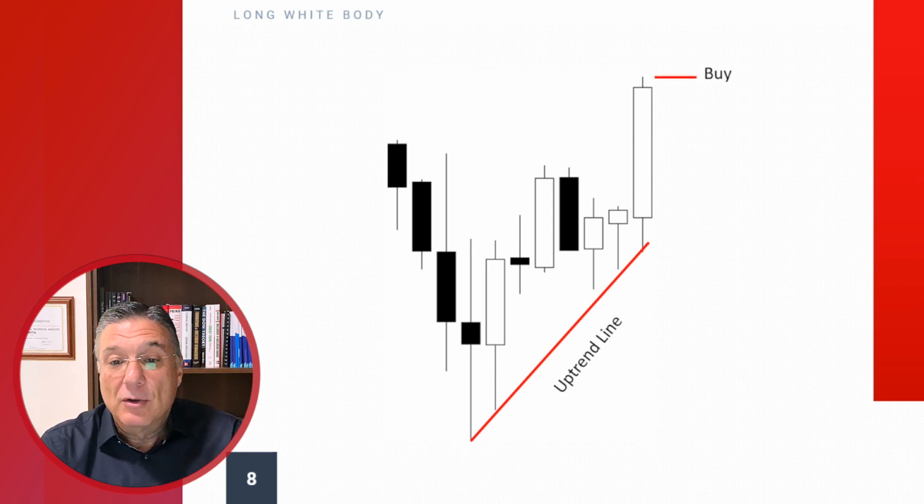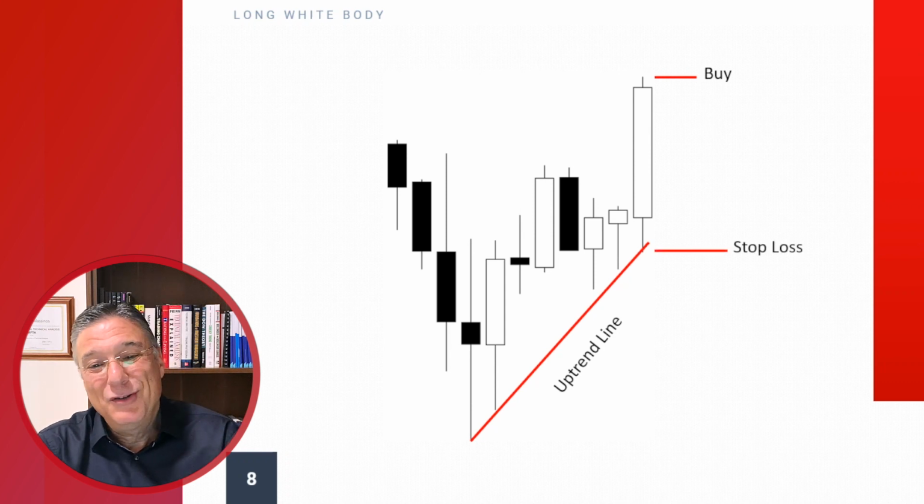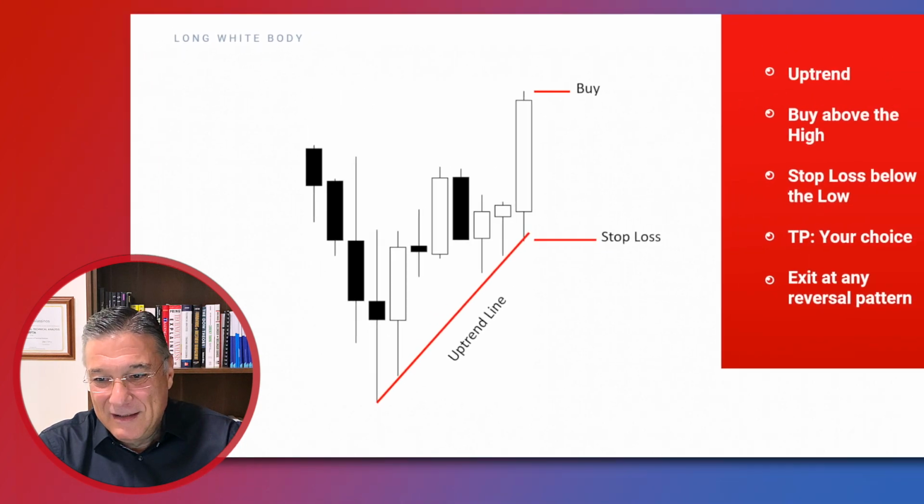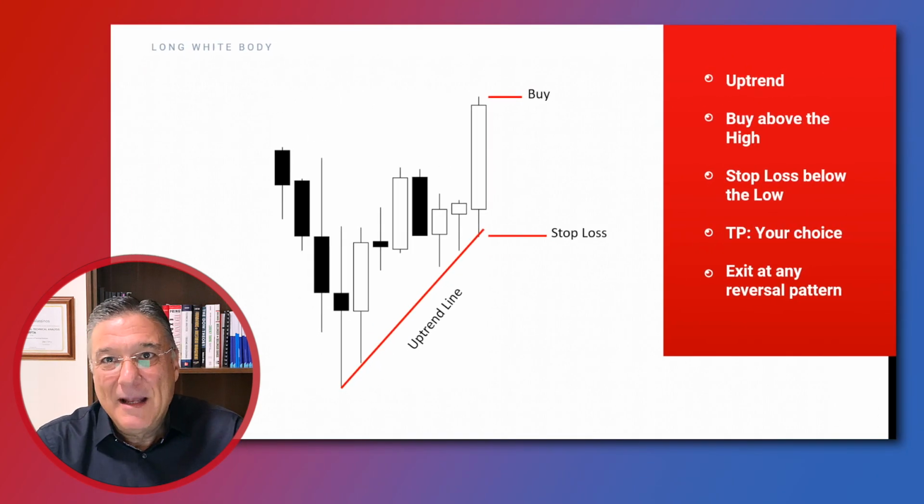And we can place a buy order right above the high price of the long white body. And similarly, we can place a protective stop loss right below the low price of the candlestick. Take profit strategy is strictly up to you. I gave you a few options. And of course, if you see any reversal pattern in the opposite direction, don't forget to close the remaining of your trade.